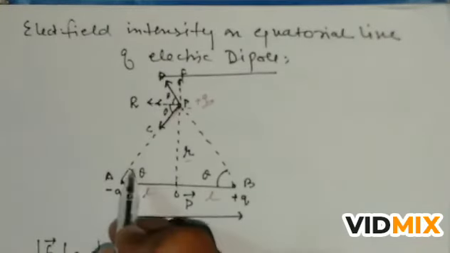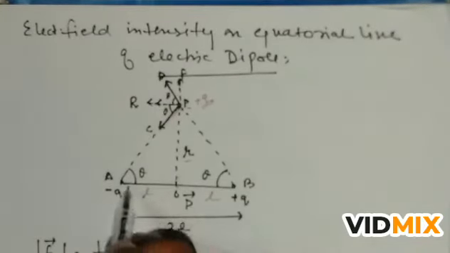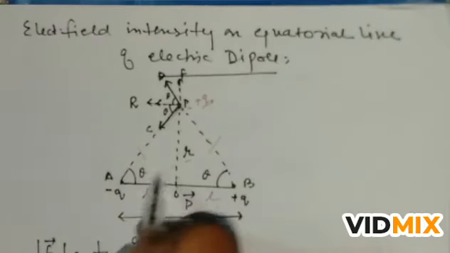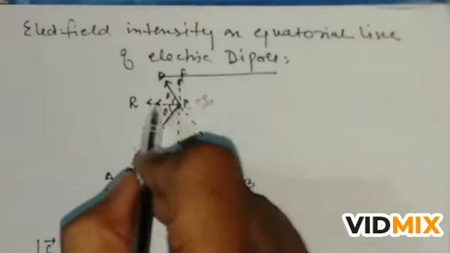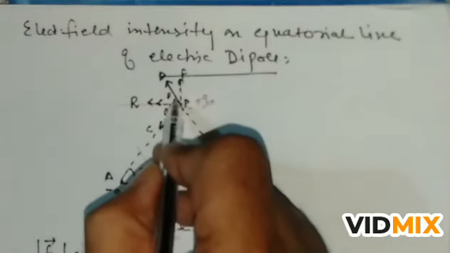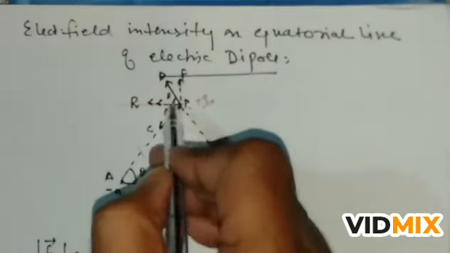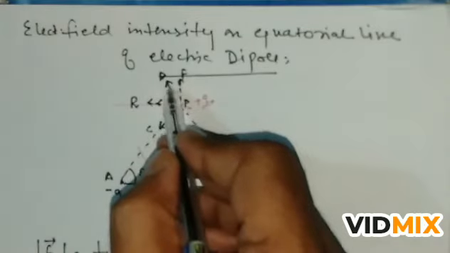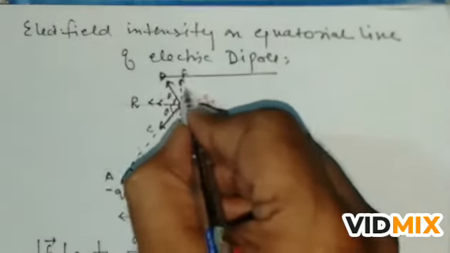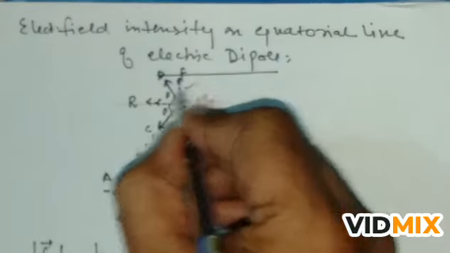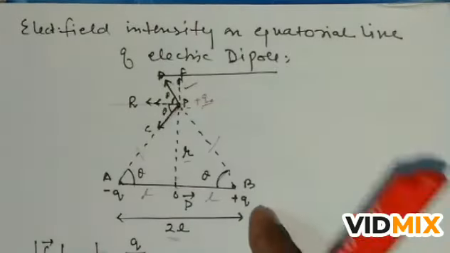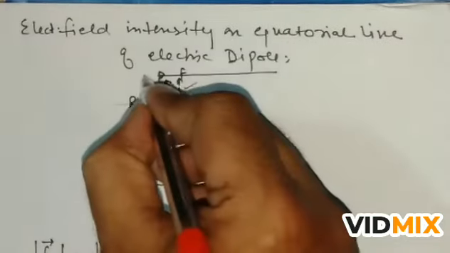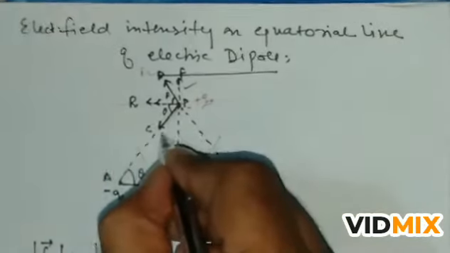So since this is a midpoint and these two sides are equal, we can say that this angle is also equal. So this is the alternate angle. If you draw a line here, this is the alternate angle. So this is theta. If you resolve this electric field into two components, suppose that this is the field due to the positive E2 and this is E1.